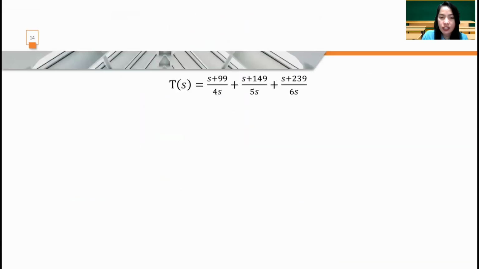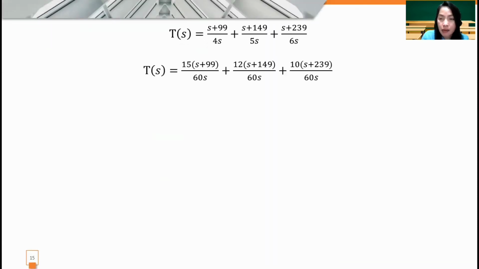So, ilalagay na natin dyan as the denominator. We have 60s, 60s, and 60s. 60s divided by 4s, that is 15. So, yung 15, i-multiply natin dun sa numerator ng 4s, which is s plus 99, plus, para naman sa second term, 60s divided by 5s, that is 12.